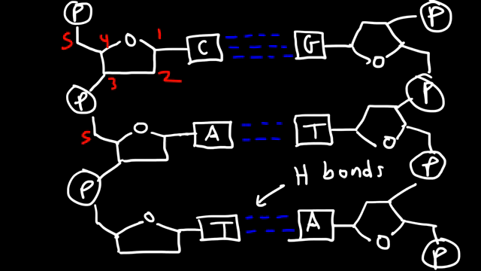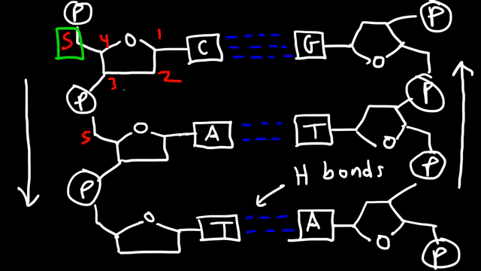Now the next thing I want to mention is that these two strands, these complementary strands, they are anti-parallel to each other. So the strand on the left, it runs in the 5 to 3 direction. Now the strand on the right, it goes in the opposite direction.